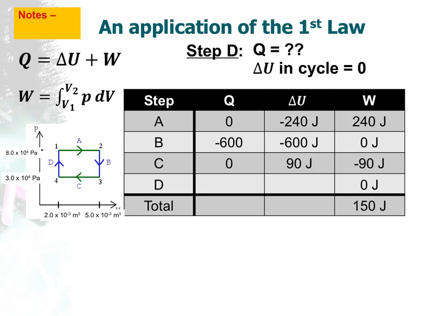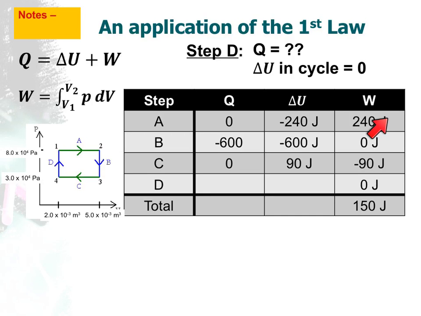Nothing has changed about those. Now, I put 0 joules here because in step D, we are not changing our volume, so therefore the system's not doing work. Excuse me, I should be correct there with my pronouns.